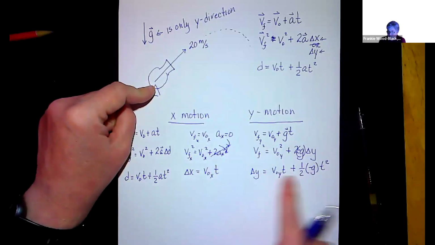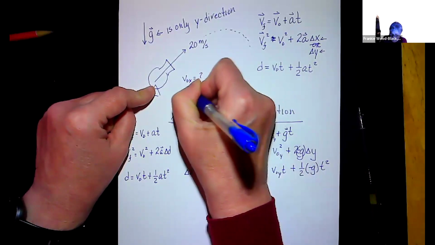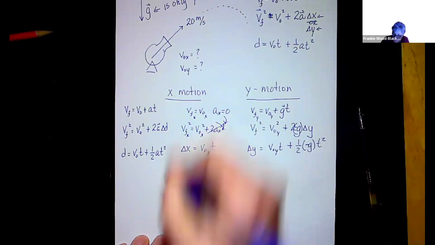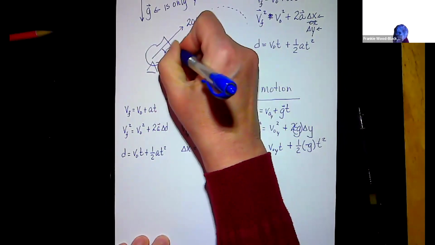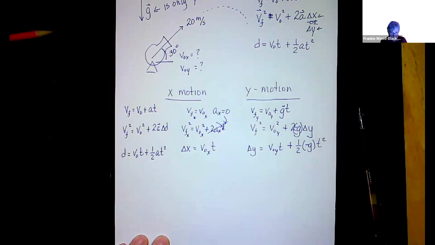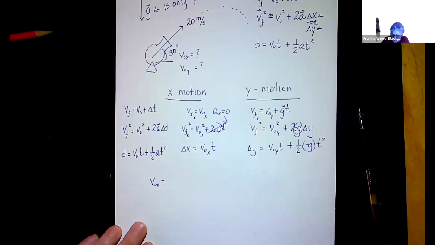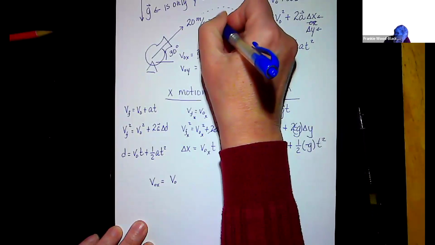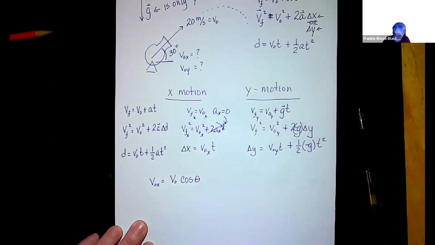But what I don't know so far is what is my initial velocity in the x direction and what is my initial velocity in the y direction. Well, that goes back to what we were doing just a little bit ago. I'm going to need a little bit more information, so we're going to give ourselves a 30-degree angle. Now I can use trigonometry to say my velocity in the x direction is going to equal that initial velocity times the cosine of my angle.